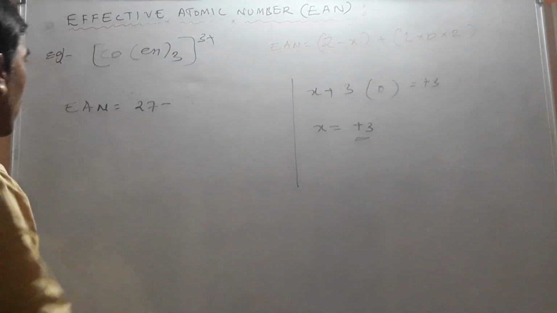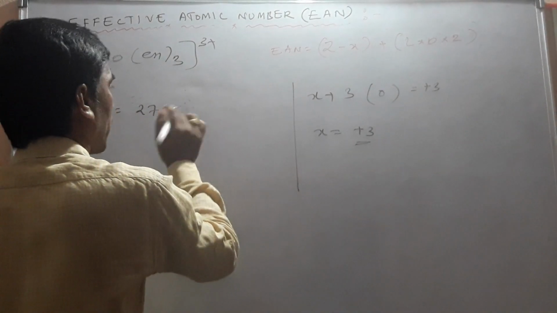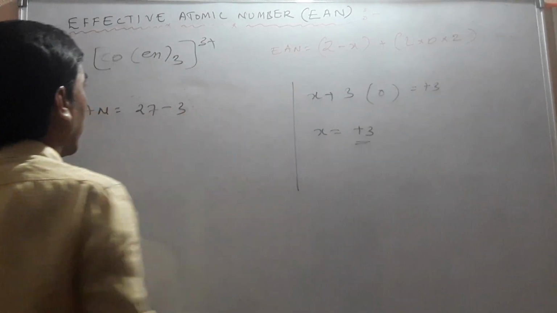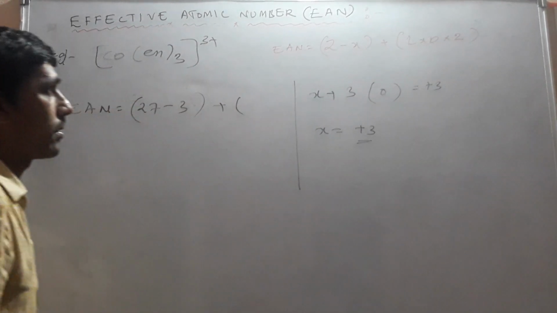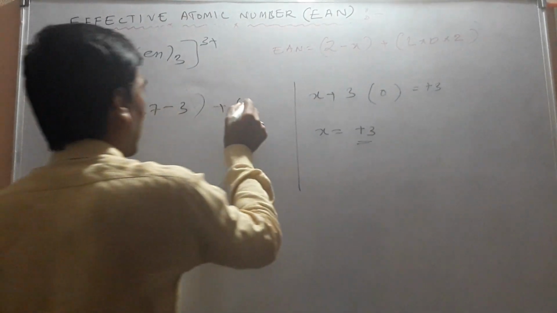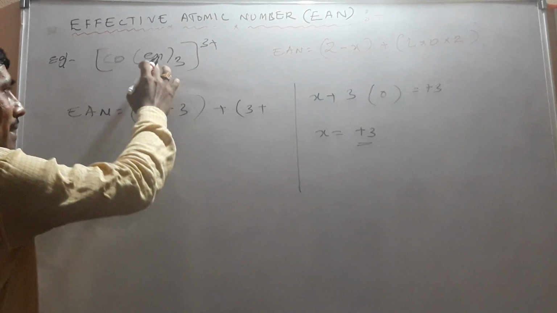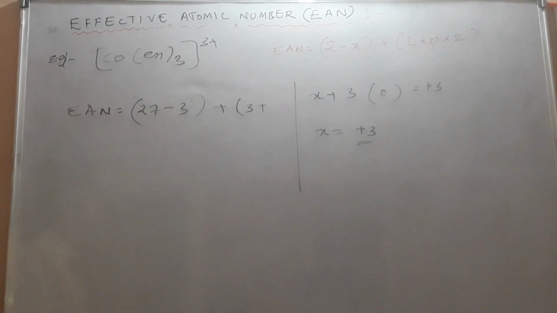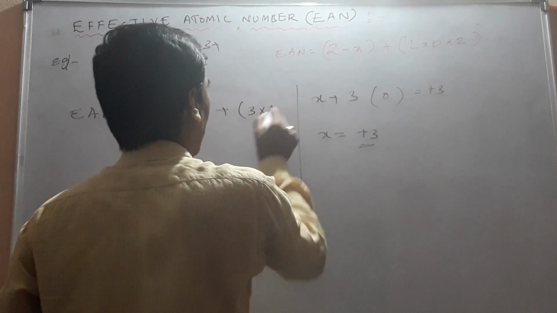The oxidation number of cobalt is plus 3. Next, plus number of ligands. How many ligands are there? Total 3 ligands are there. Next, plus denticity of ligands. It is a bidentate neutral ligand. That's why we are using 2.